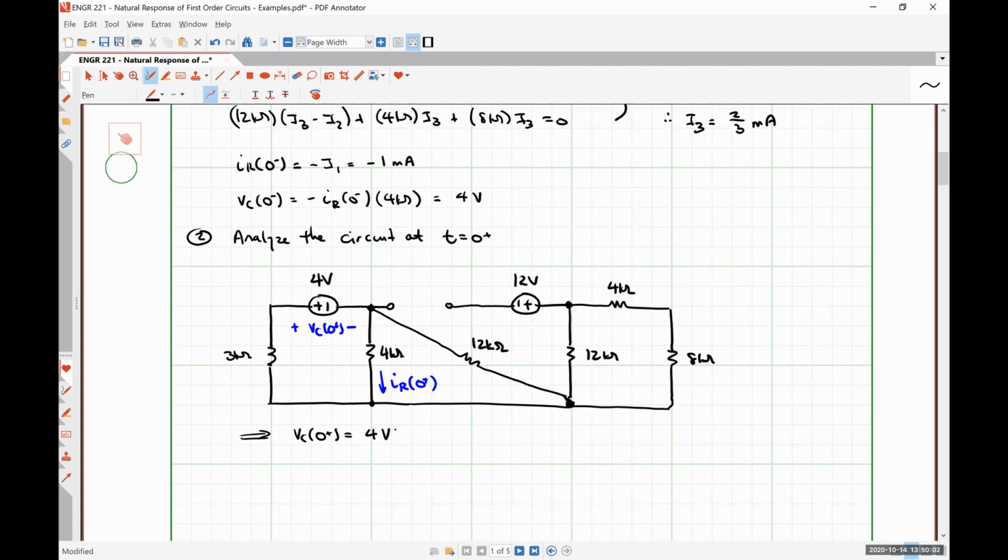Put it at the bottom, right? So if we put it at the bottom, let's label our different nodes. That's going to be 1. That's our ground node.